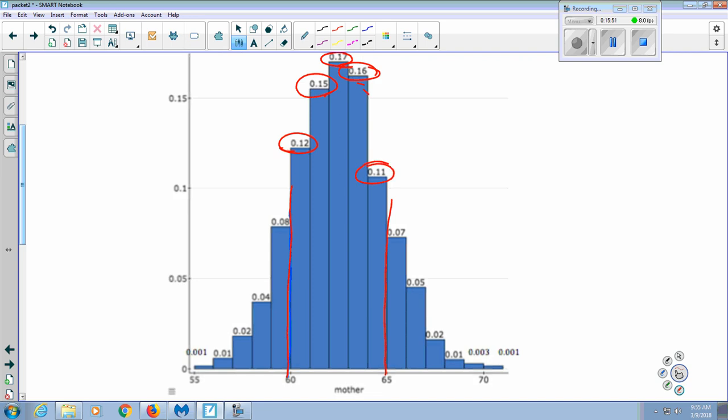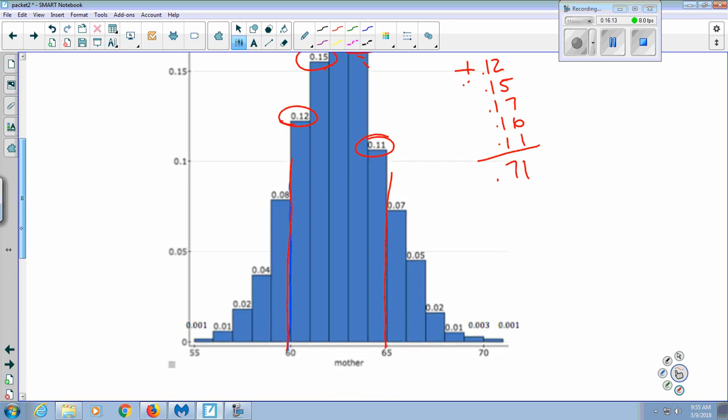Will give us the probability of observing a mother in there. So that's adding up 0.12, 0.15, 0.17, and that comes out to 0.71.